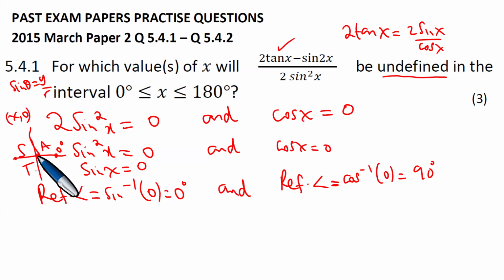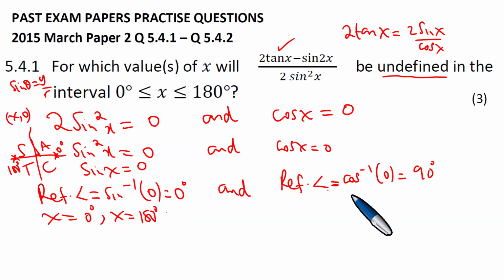So the sine is 0 whenever x equals 0 degrees, and also whenever x is 180 degrees. You could say it's also 0 at 360 degrees, but we're supposed to restrict ourselves between 0 degrees and 180 degrees, so these are enough.